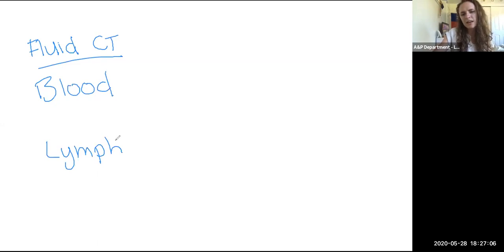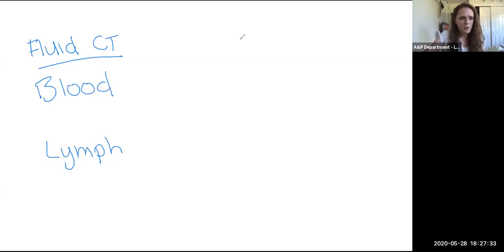Lymph is like this fluid that's taken out of your blood that you're going to learn about later, but lymph is also fluid. So that one makes it easy to know that it's a fluid connective tissue since both of these are fluids. So if you got asked, which of the following is a fluid connective tissue? Know that blood is fluid, so it's a fluid connective tissue, and lymph is fluid, so it's fluid connective tissue.